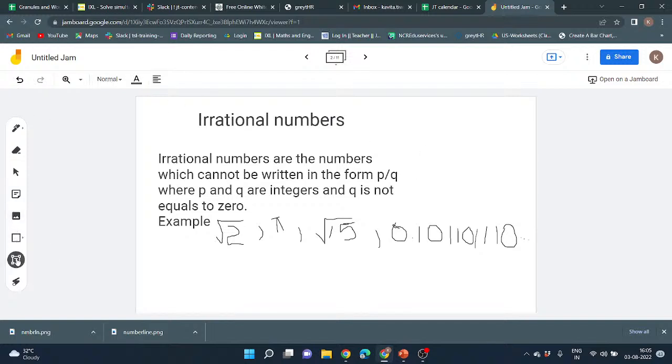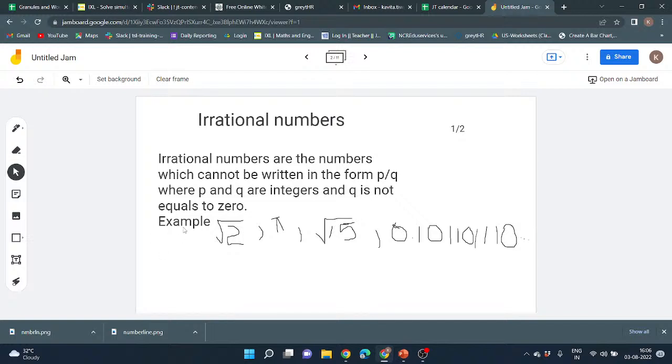Let's say we have a rational number as 1 upon 2. So 1 and 2 both are integers, and we can also see here that q, that is 2, is not equal to 0. Similarly, the definition of an irrational number is that irrational numbers are the numbers which are not in the form of p by q, where p and q are integers and q is not equal to 0.